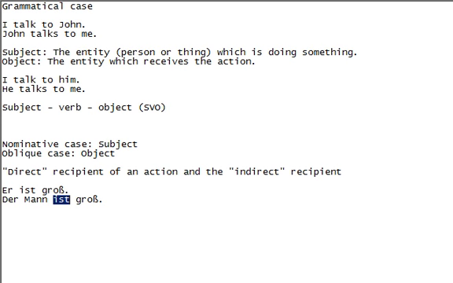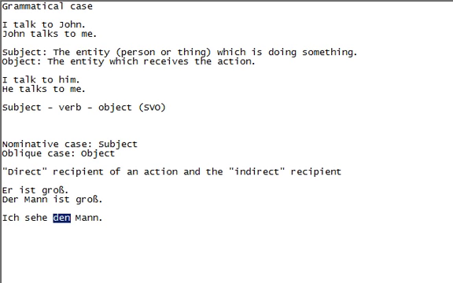But now, let's say, for example, that I do something to the man. Like, let's just say, very simple, let's say I see him. Ich sehe den Mann. Now, what's different here? Well, ich is I, so this is like I am doing something, and sehe means to see, so I see something.